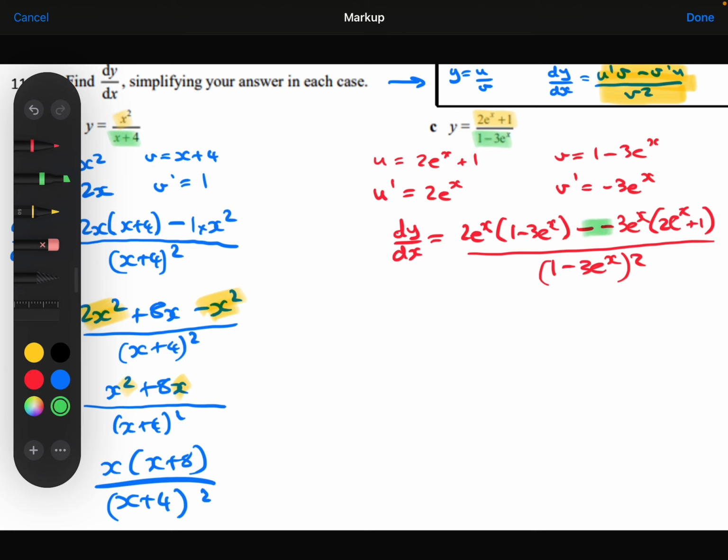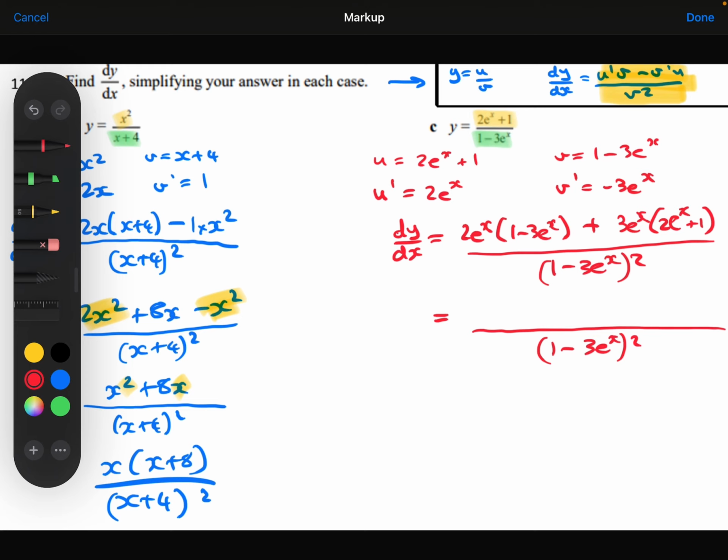We can see the two minuses here will make a positive. And now I just want to simplify this if I can. I think there's a few things on the numerator that will simplify quite nicely. I'm going to leave the denominator as it is though.